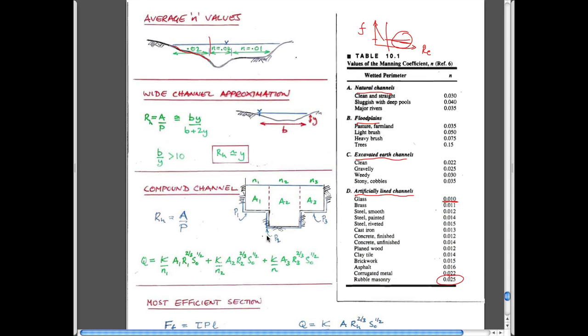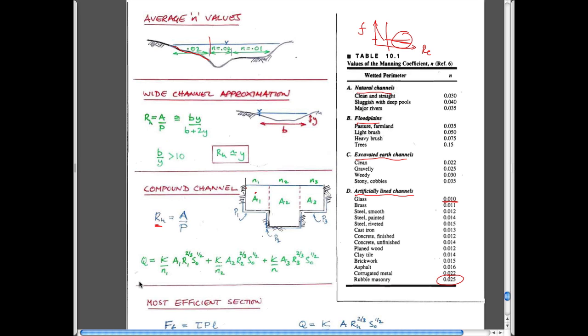If you have a compound channel, you can calculate the equivalent hydraulic radius, as we talked about calculating equivalent hydraulic diameters, by using the sums of all the components which make this up. So clearly, in this part of the channel here, A1, you'd have a flow going into the board or out of the board towards you.